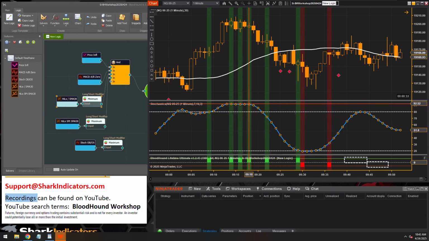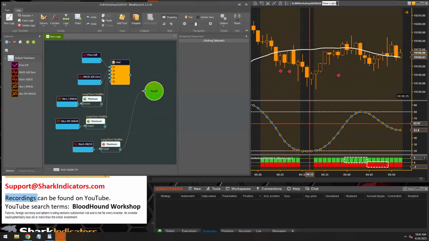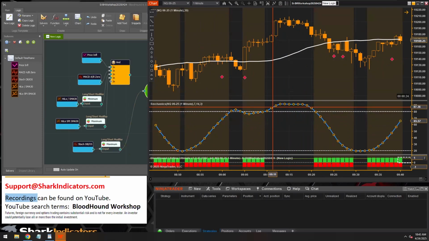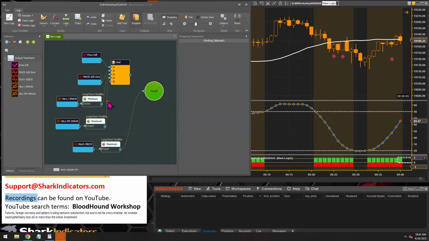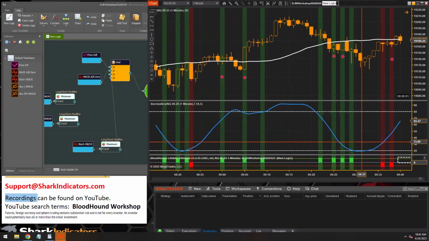As far as the stochastics here, if we take a look, there's no output when the stochastic is overbought or oversold. So that means no signals can occur on those bars there. If we just connect that in, there we go. Our signals disappeared.